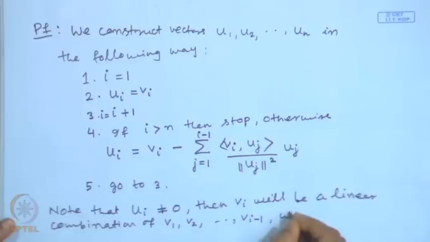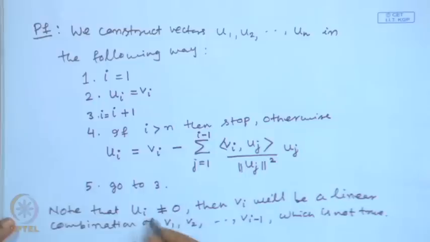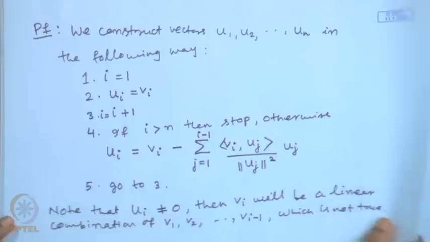So, this is not true, and hence each of these ui is a non-zero vector.